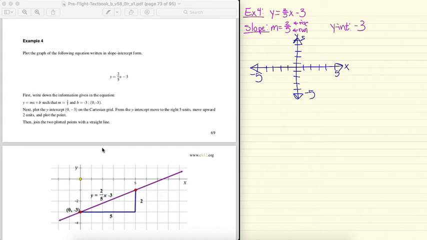So again, we have to start with our y-intercept at negative 3. Then we apply the slope. So I'm going to rise 2 units, 1, 2, and then I'm going to run forward 5. 1, 2, 3, 4, 5. And that'll give me my new point. And then I connect them to get my picture.